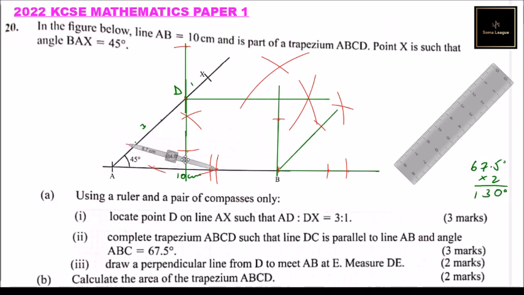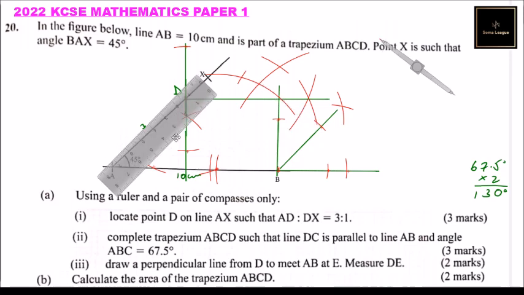So we use this, we rotate our compass, we'll be able to get our compass there. Then let's extend it, and then we change our compass, and we have that. So that will give us angle 157.5.